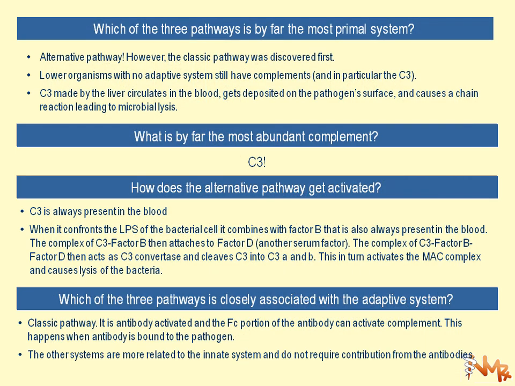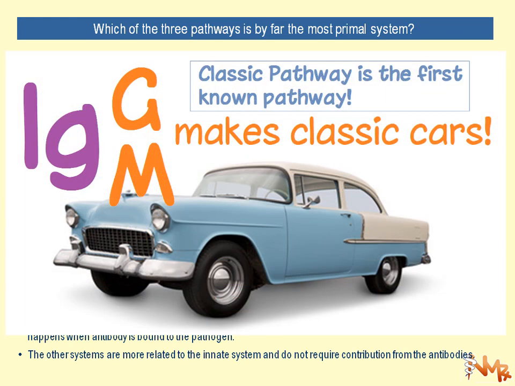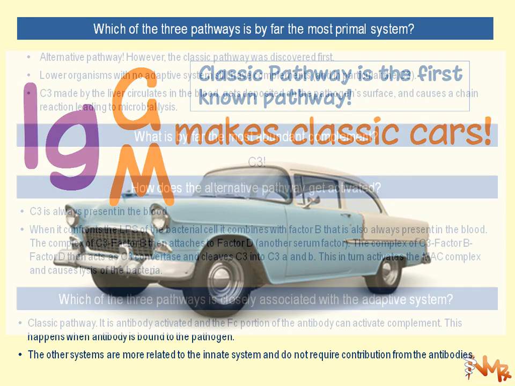The other pathways are more related to the innate system and do not require contribution from the antibodies. So the lectin system and alternate system do not require contribution of the antibodies. The only two antibodies that we are talking about are IgG and IgM.